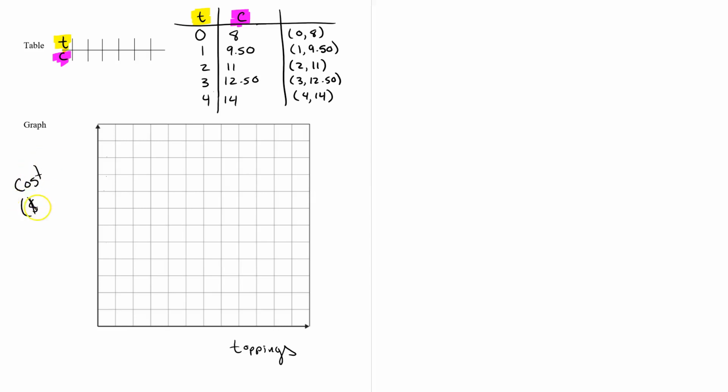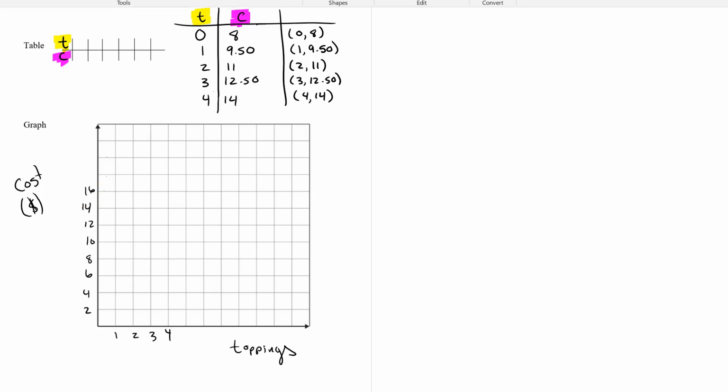I'm going to make sure that I have the units there. So 1, 2, 3, 4. Going one per square is going to be really great. But this one I'm going to have to go up by 2 because I think I only have 12 here. So I'm going to go up $2, 4, 6, 8, 10, 12, 14, 16. That's all I need really.